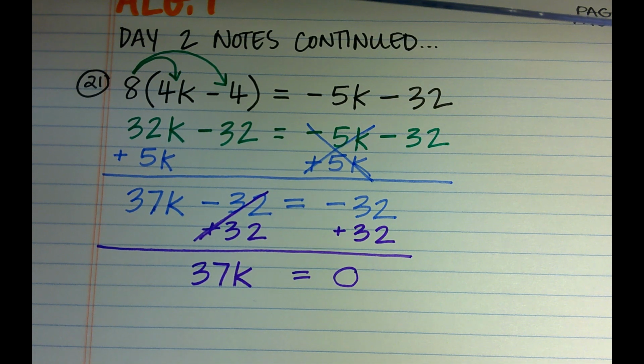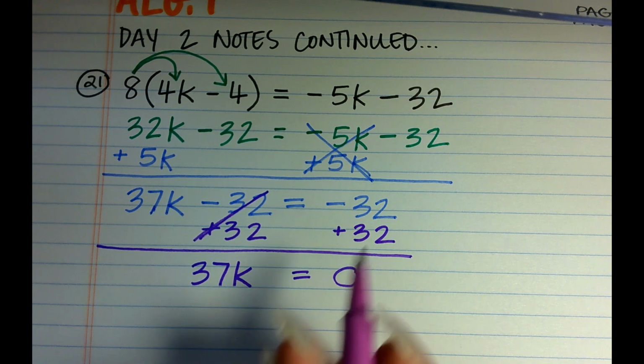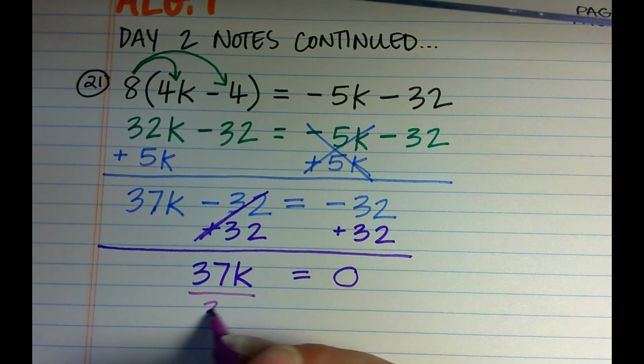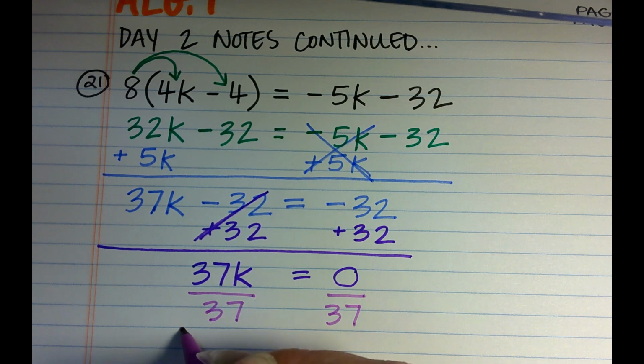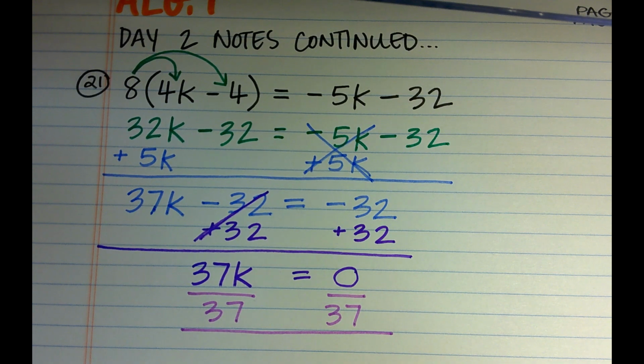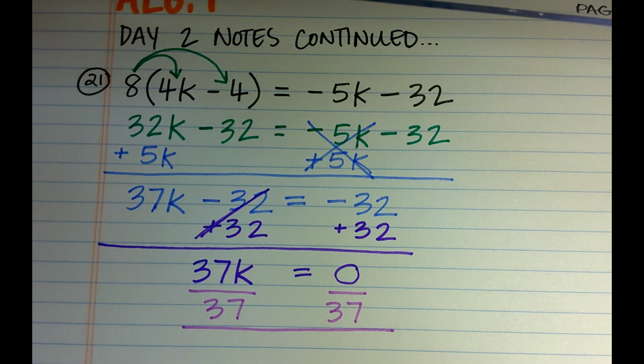Now, what should we do? Divide by 37. Divide by 37. Now technically, it doesn't even matter what number's next to k. What's the answer going to be? 0. It doesn't matter how large the number is. If you divide 0 by anything, it's always going to be 0.